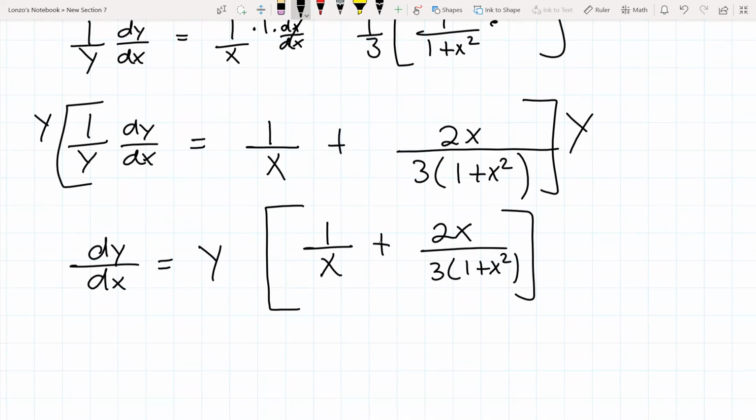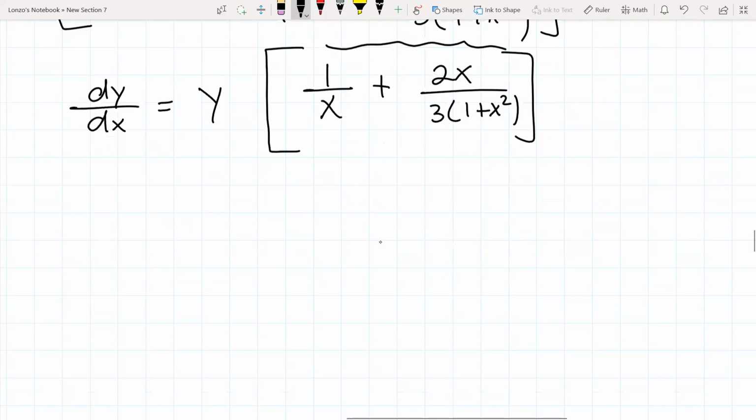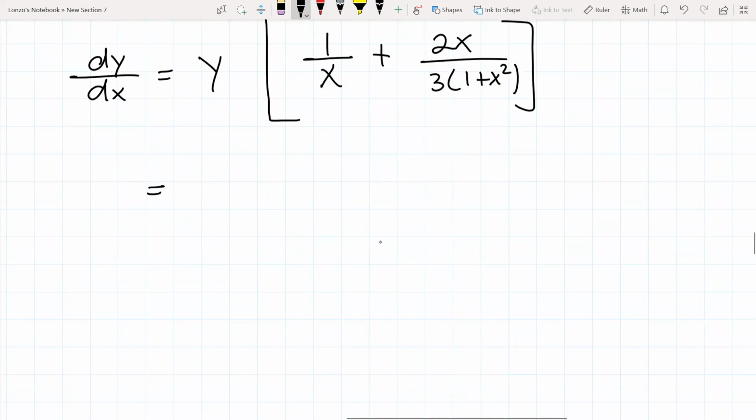You do have the option of simplifying this part. If you're adding a fraction, you need a common denominator, or you could just leave it like that. That's perfectly fine. And then the last step is replace y with the original equation.